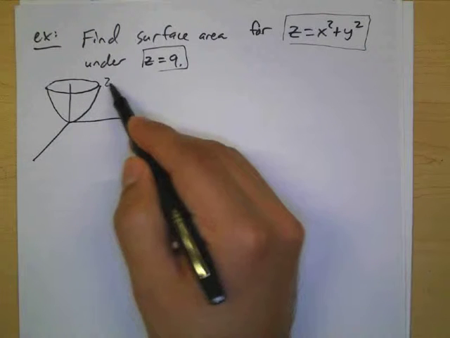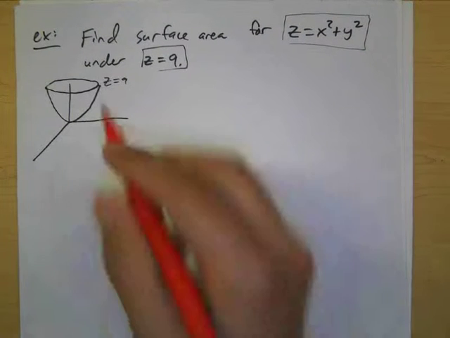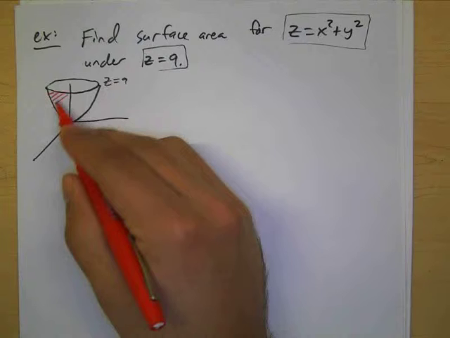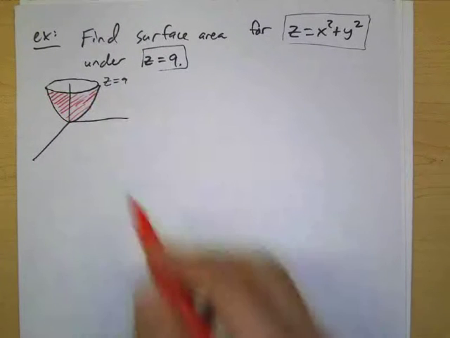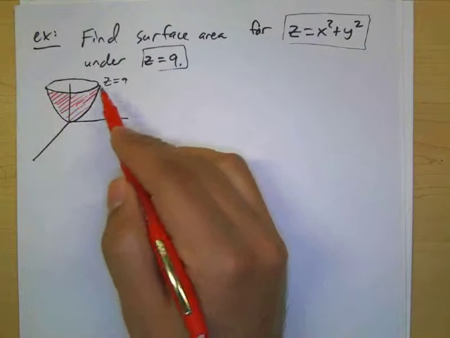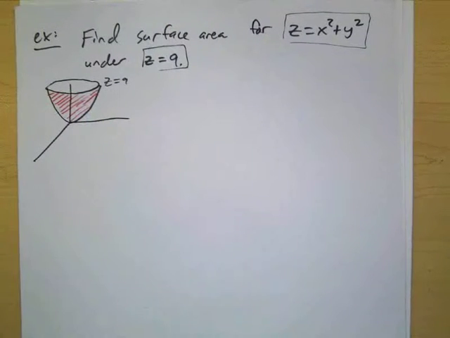So we can just call this up here z equals 9. Then the surface area that we're trying to find would be this part. So we're trying to find the surface area of this bowl, or whatever you want to call it.